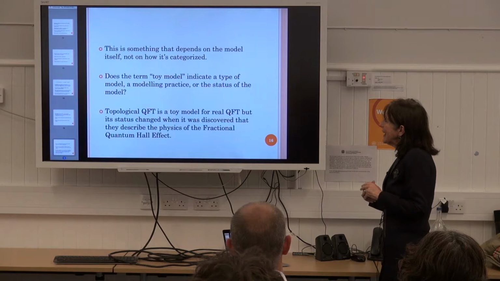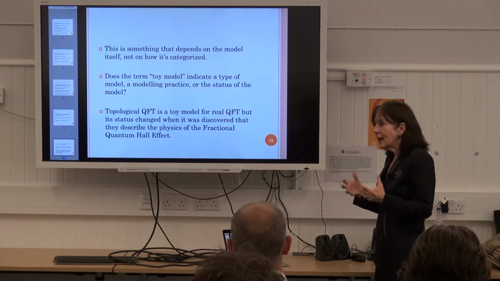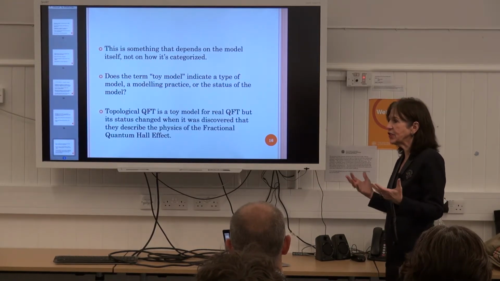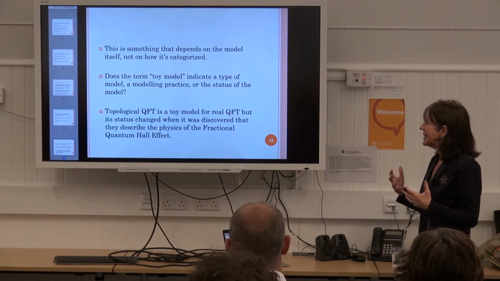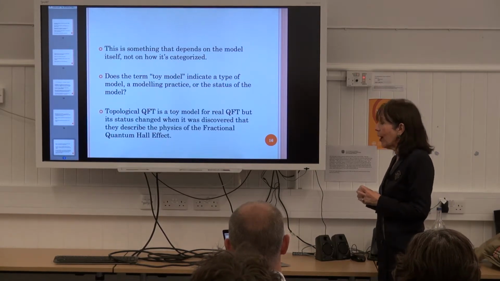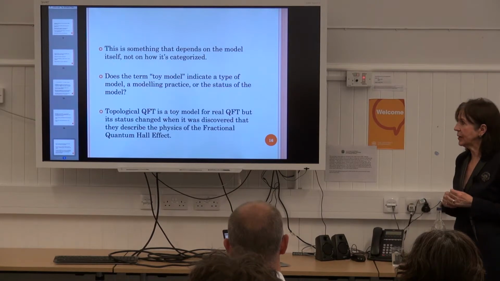So it's the way the Ising model is used, not how it's categorized. People will say the Ising model is just a toy model, but the term indicates a kind of modeling practice rather than, I think, the status of the model itself.